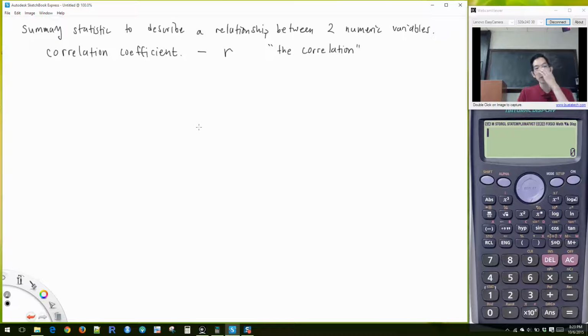Okay. And so the correlation assigns a number that tells us the direction and the strength. So the correlation turns that concept of direction and strength into a number.